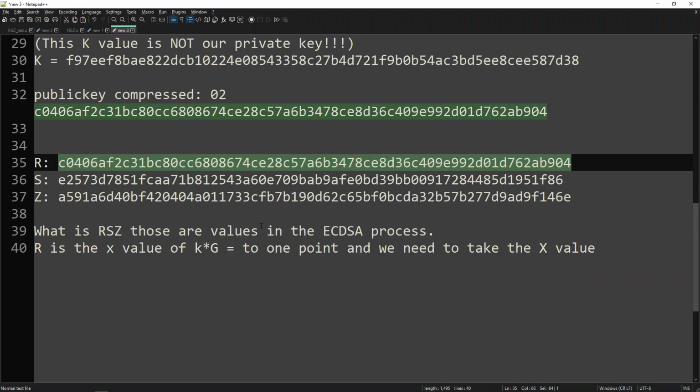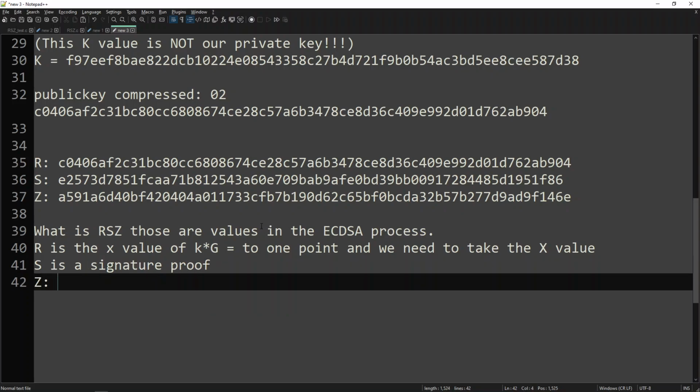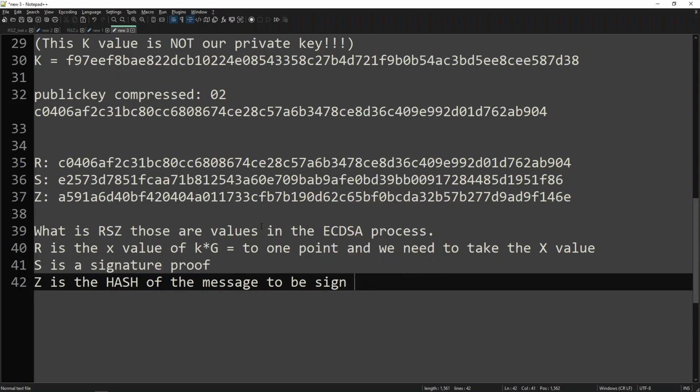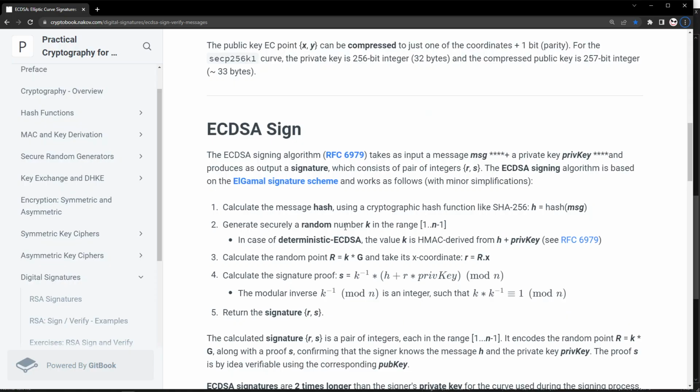This is R. So S is a signature proof, and C in this case is the hash of the message to be sent, right? Okay, so this is the equation to calculate S.